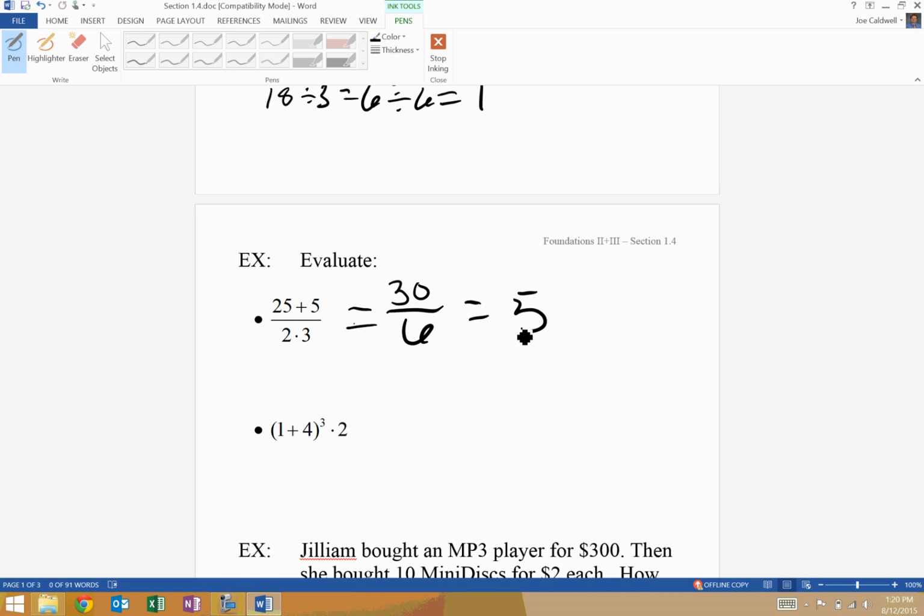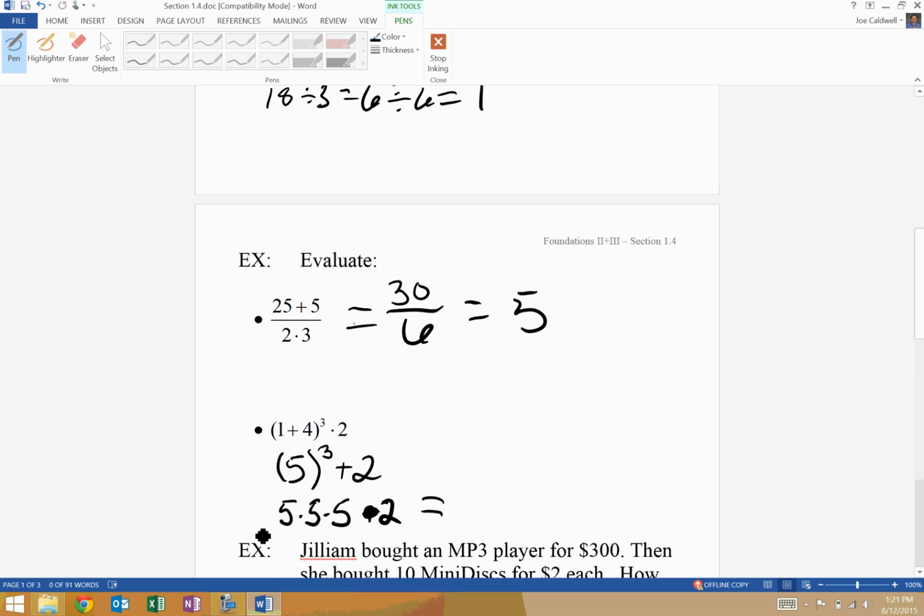All right, next we have four operations. We have some addition, some parentheses, exponents, and multiplication. We really need to use our order of operations. First things first is groupings, so we simplify that to a 5, 1 plus 4. Notice how I rewrite the problem each time. Now I have 5 to the 3rd power, which is 5 times 5 times 5, times 2.